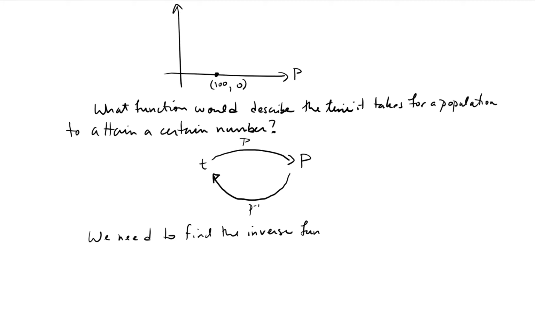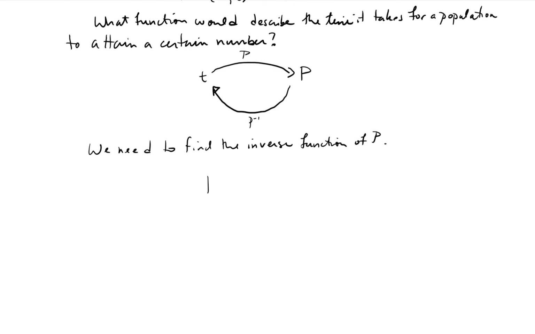The inverse function of p. So answering that question sort of backwards will bring into play the inverse function of my exponential function, and this is how I'm going to get a logarithm. So what I'll do here, I'll write what p is as a function of t.